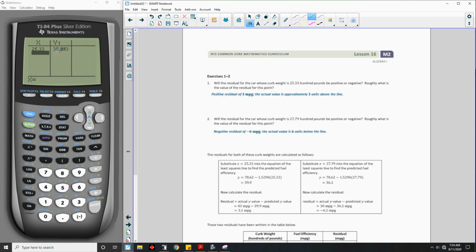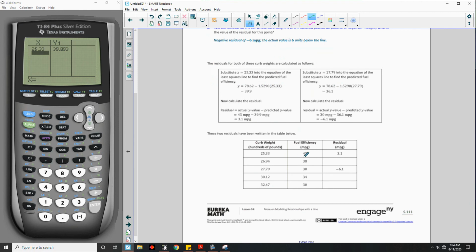The predicted was 39.9. So we're taking the value from the table, subtracting the value we get when we plug the x into our least squares line, and that will be 43 minus 39.9, which comes out to be 3.1 miles per gallon residual, and it's positive because the point was above the line.